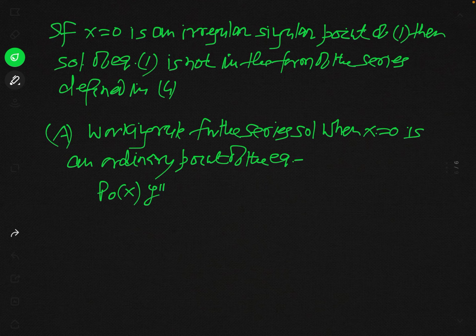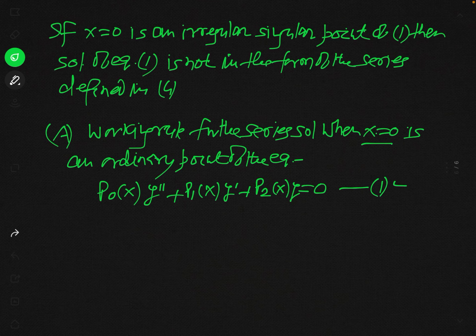Which equation? You have seen the equation is in this form: p naught of x y double dot, in fact this is d2y by dx square, plus p1 of x y prime plus p2 of x y equal to 0. Now let us say this is our equation 1.